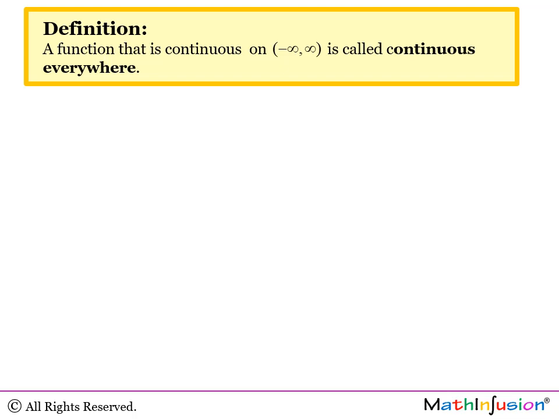Definition: a function that is continuous on all the real line, which means to all values of x between negative infinity and infinity, is called continuous everywhere. The functions that we know are continuous on their domain.